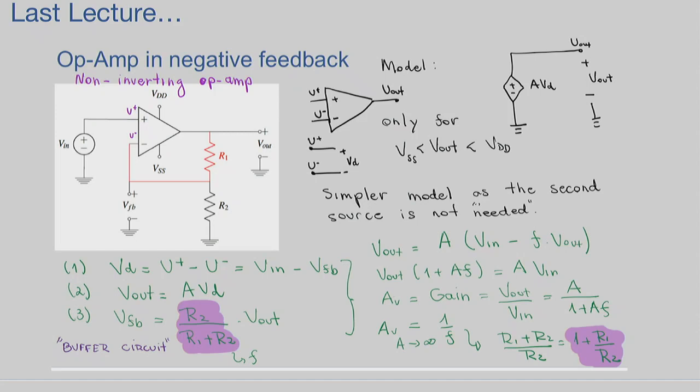To get a gain of 3, which would be good for this system since we're using the DAC, we would pick these resistors such that the ratio between R1 and R2 would be 2 plus 1, which gives us a gain of 3.